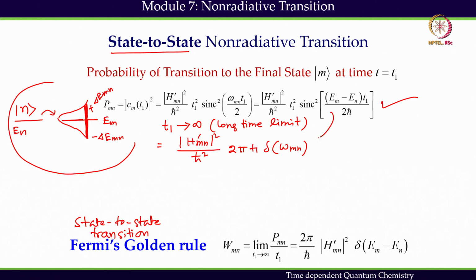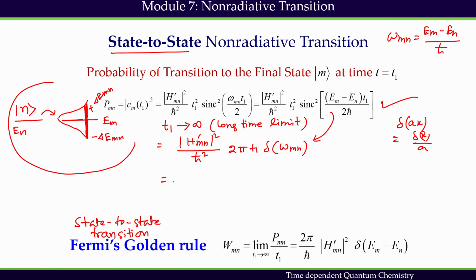So, this function is becoming a delta function for a long time limit, and there is a property of the delta function, which is δ(Ax) is nothing but δ(x)/A. So, because ω_mn is nothing but (E_m − E_n) divided by ħ, we will be able to write this down as follows.